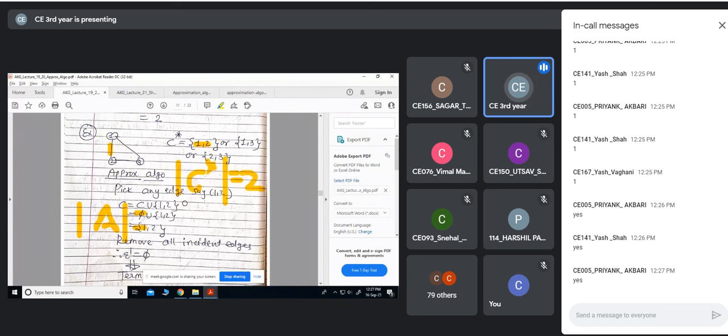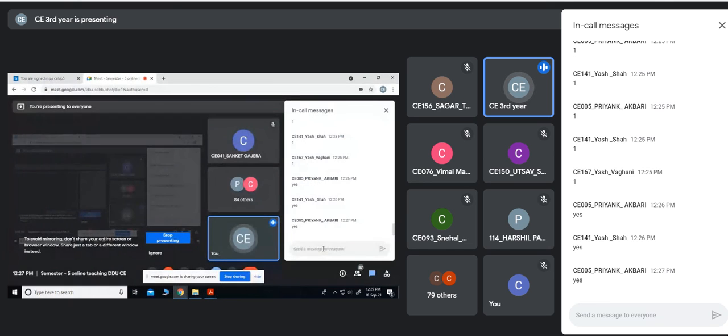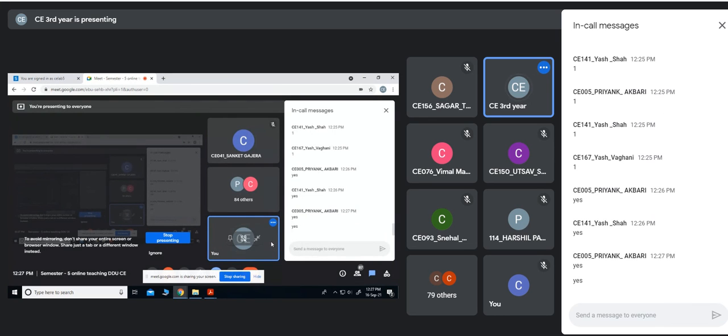So size of A will be 1. Now do you agree that size of C star is greater than or equal to size of A? Clear? Others? Clear?